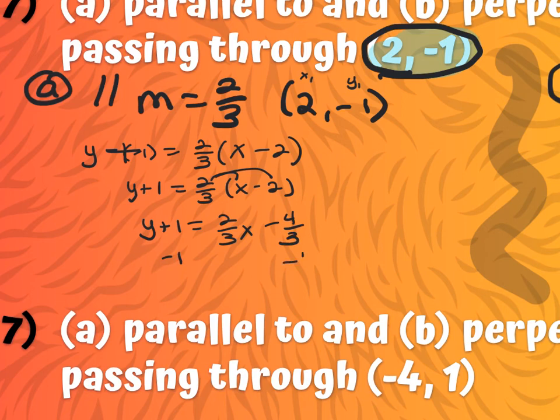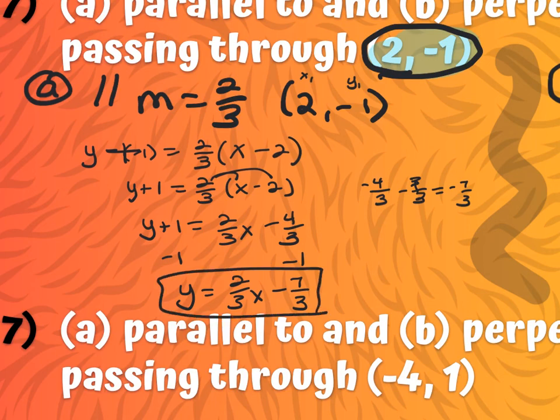And then subtract the 1. Negative 4/3 minus 1 becomes negative 4/3 minus 3/3. That's negative 7/3. No, the 1 has to become something over 3, right? So we give it its denominator.